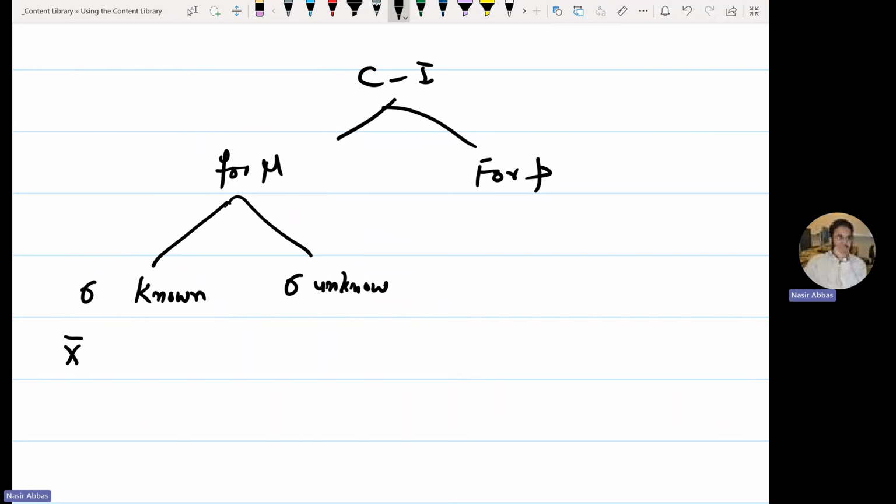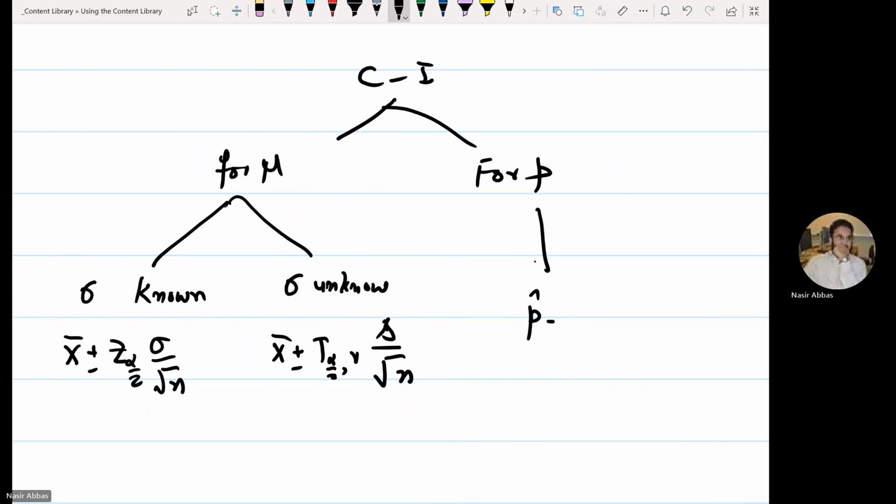When sigma is known, x bar plus minus Z alpha by 2, sigma over root of n. When sigma is unknown, use the T-based interval. For P, a single formula. This is the whole chapter 8.